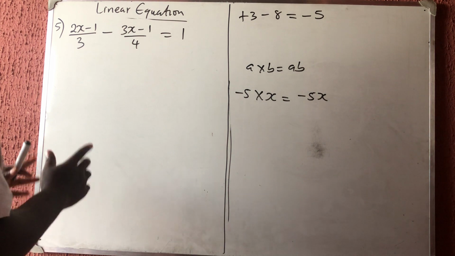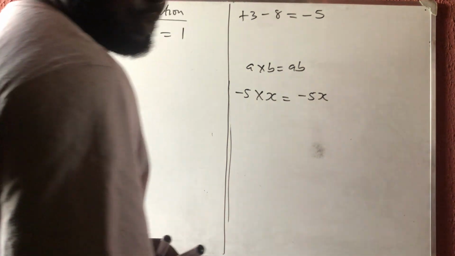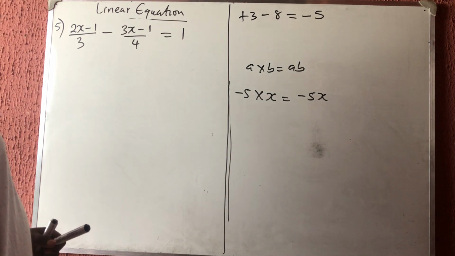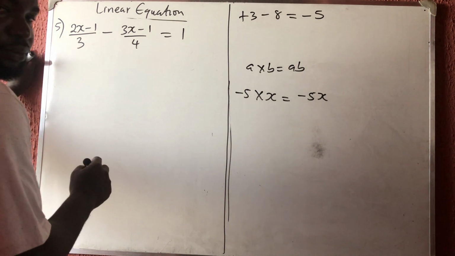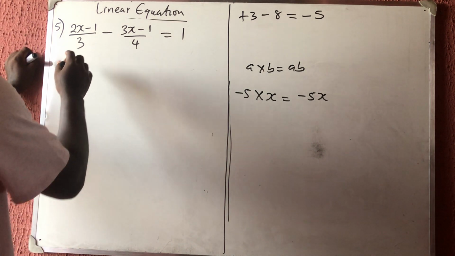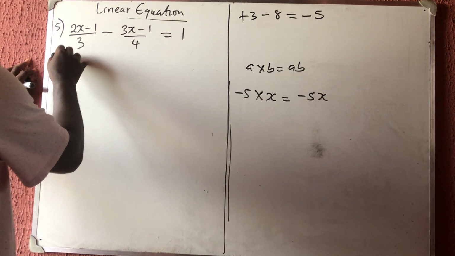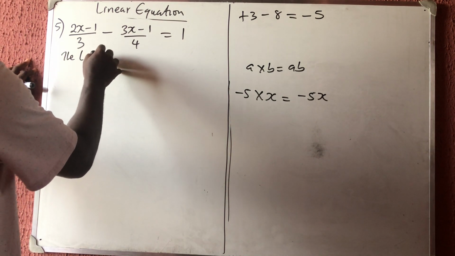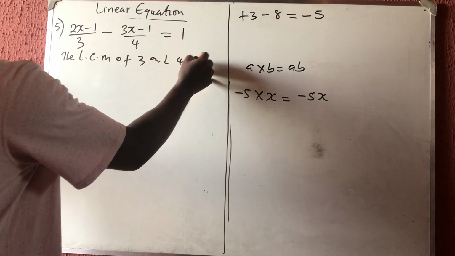So the easiest way to remove the denominator is by multiplying each term by the LCM of the denominator. So what's the LCM? The LCM of 3 and 4 is what? 12.